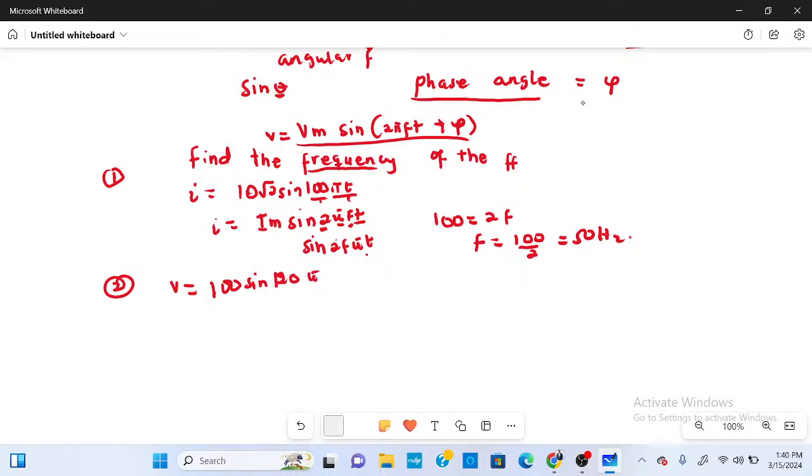From the previous example, you can clearly see that our 120 is equal to our 2f, and our f is equal to 60 hertz. So that is basically how to find the frequency. You realize that the quantity attached to the sine form is what you call the peak value. This is a peak value for I, this is a peak value for our voltage.